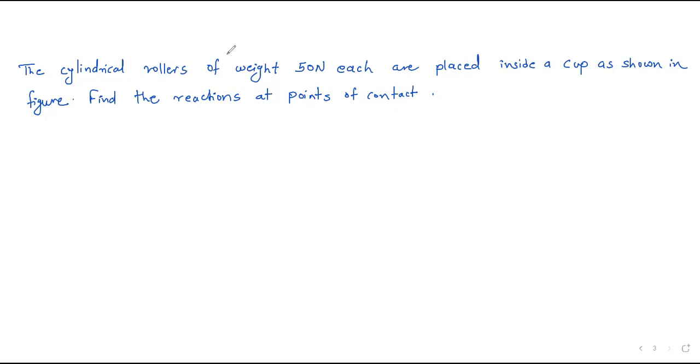So now we will draw the diagram. So these are the two spheres. This is the first one. This is the second one. Two identical spheres are there. It is given like this, and then it is placed inside a cup. So I will draw it.